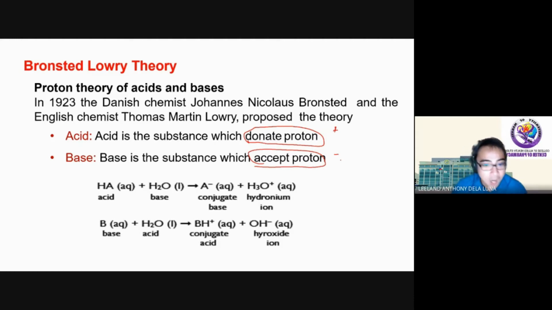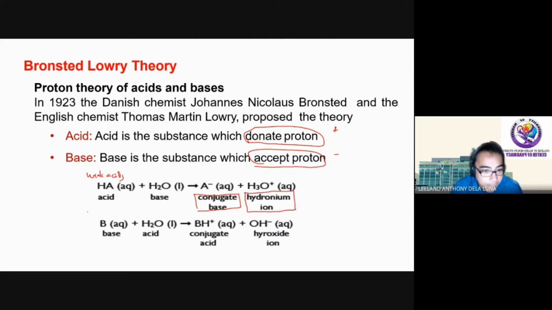So meaning, class, whatever the chemical formula of a molecule is, basta an acid combines with a base, especially for weak acids, they always, class, form a conjugate base and a hydronium ion. Alright?